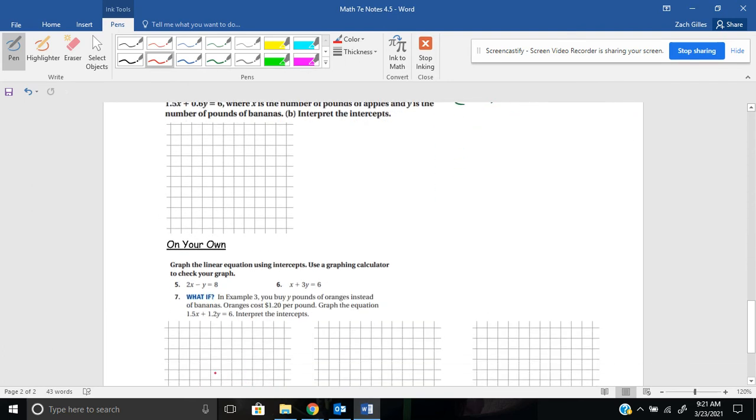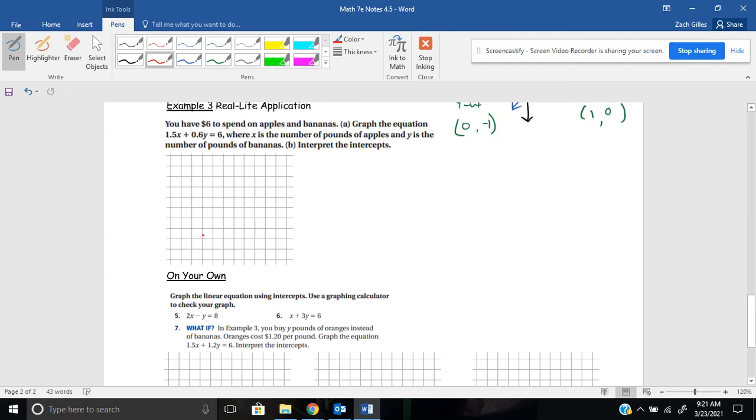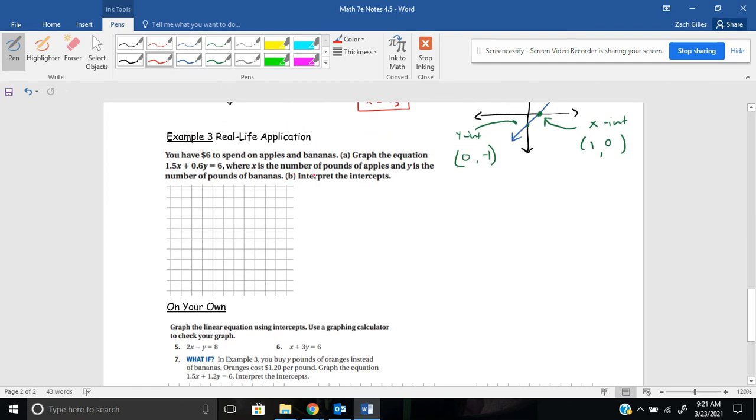All right, example 3 says you have $6 to spend on some apples and bananas. Graph the equation 1.5x plus 0.6y equals 6, where x is the number of pounds of apples, so right here, and y is the number of pounds of bananas.